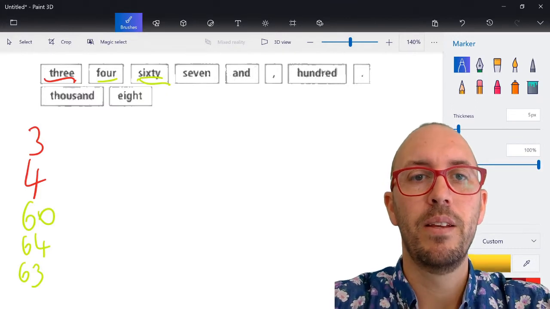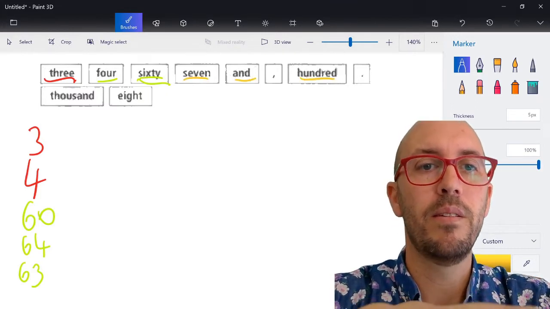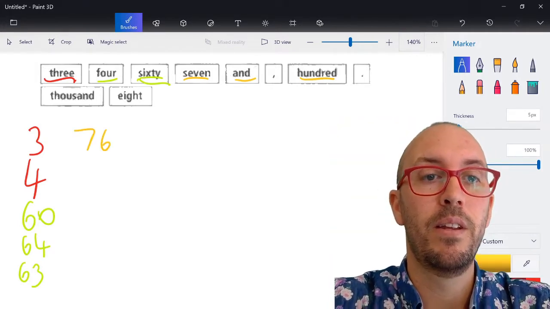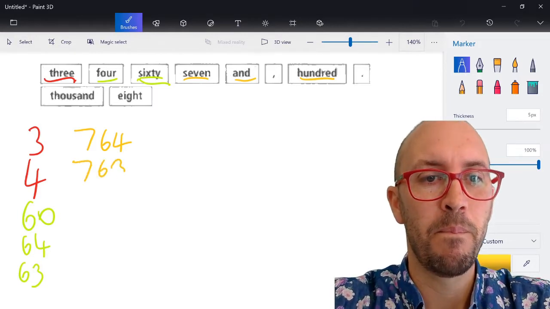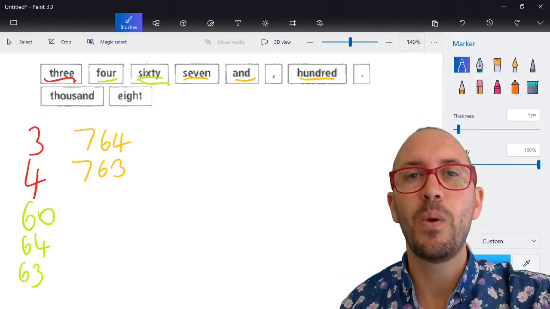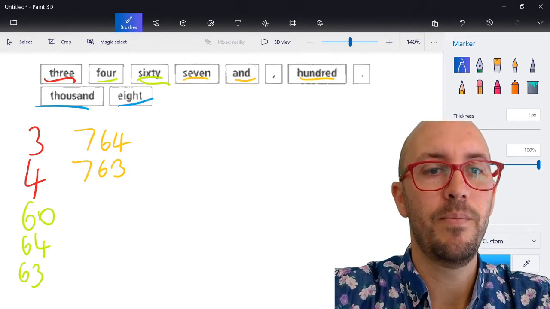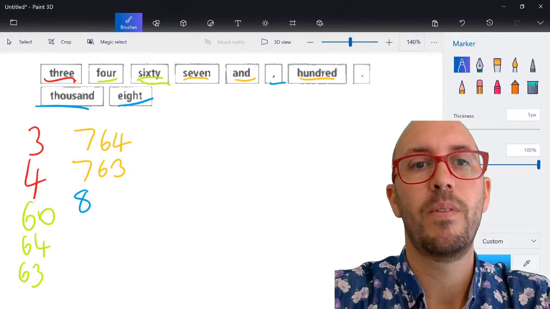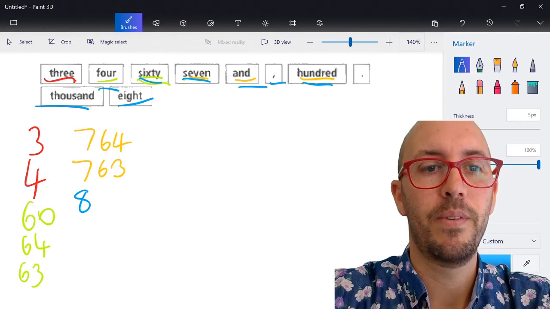I can make 700 and 64, well, 700 and 63. And then we can get into the thousands, so we can have 8,000, 764.